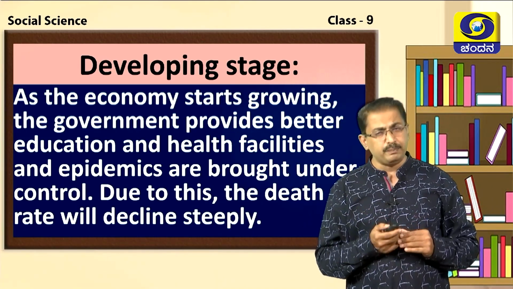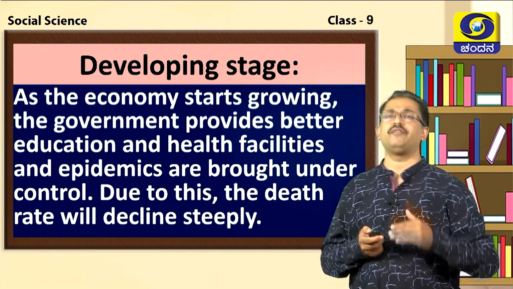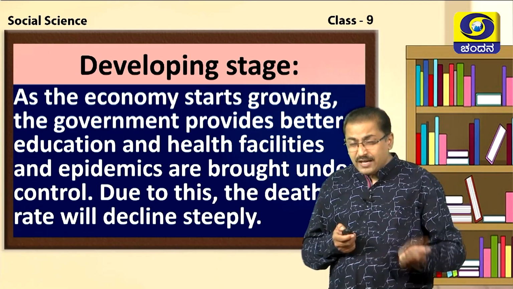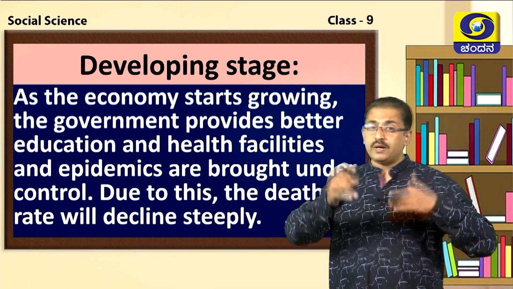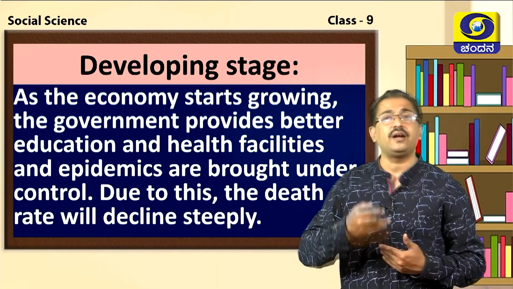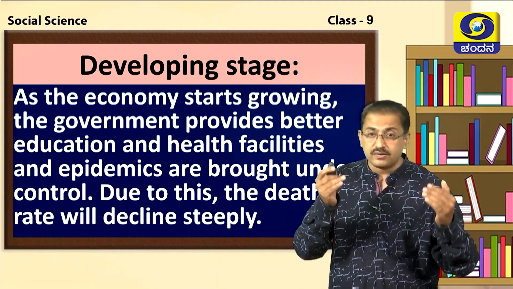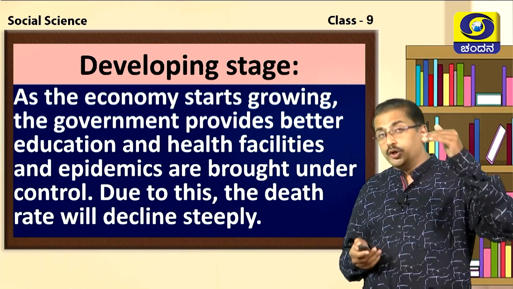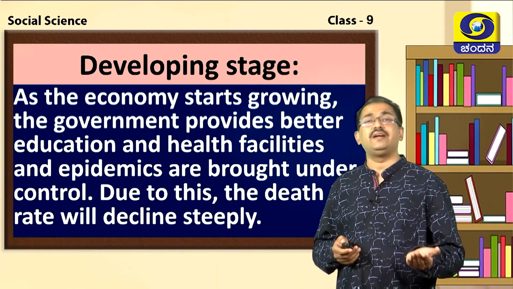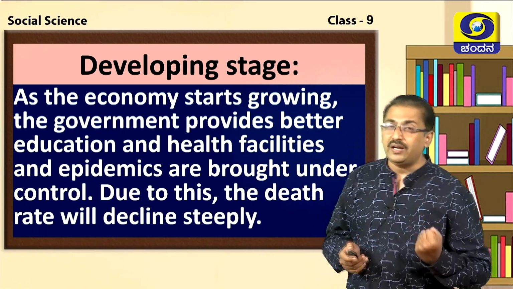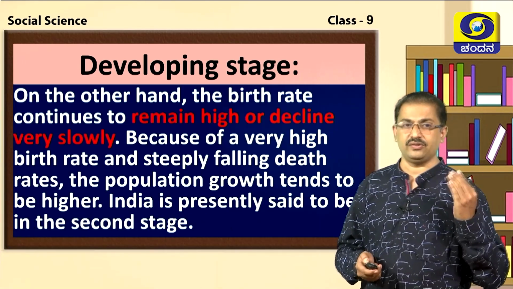Let us see the developing stage of demographic transition. As the economy starts growing, the government provides better education and health facilities, and epidemics are brought under control. Due to this, the death rate will decline steeply and the quality of life also increases.